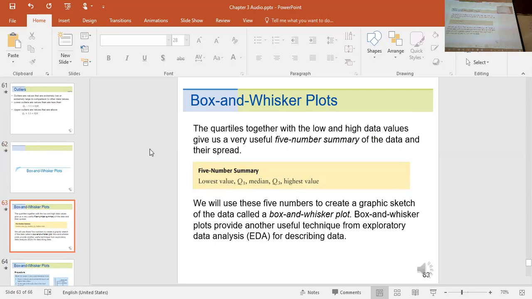I'll ask you, what are the 5 number summary? It is the minimum, that is the lowest data value, Q1, Q2, Q3, and then the maximum. When you have those values, you can use them to make what we call a box and whisker plot.